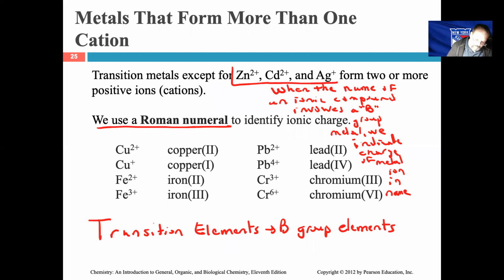If you put the Roman numeral in, it might not be the end of the world, but if you have a multiple choice question, you're not going to see the Roman numeral there. So you really do have to remember that for zinc, it's +2. For cadmium, it's +2. And for silver, it is +1.